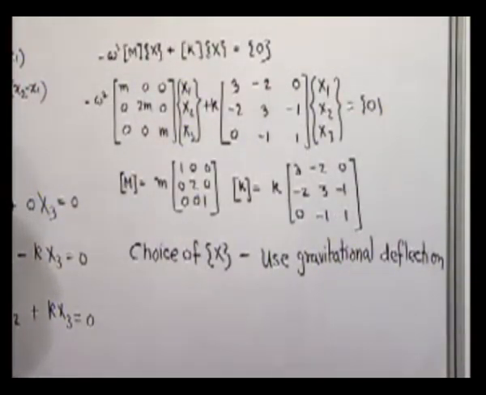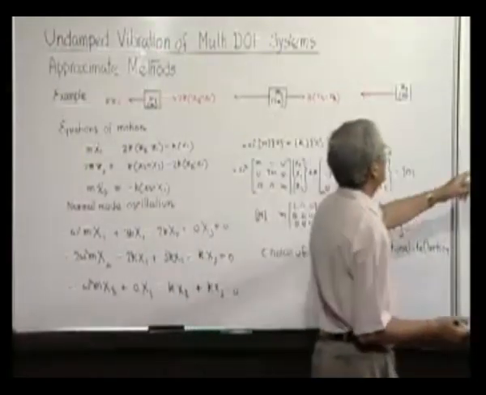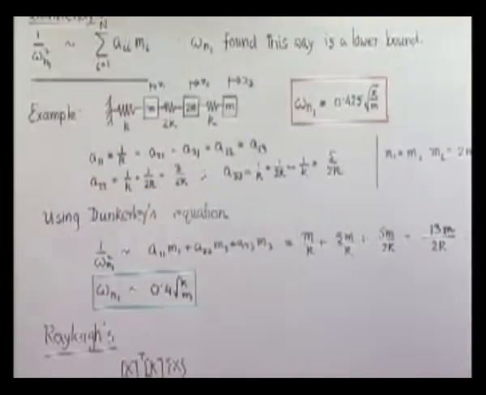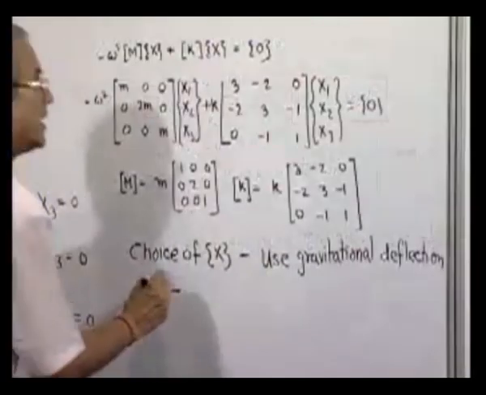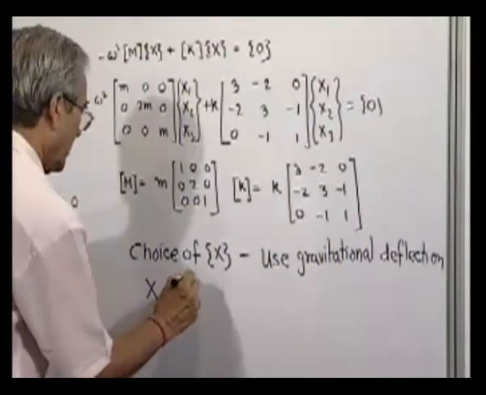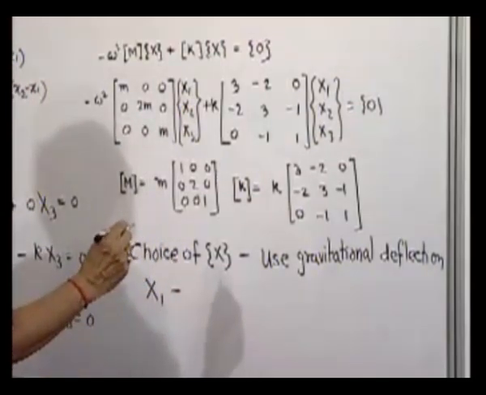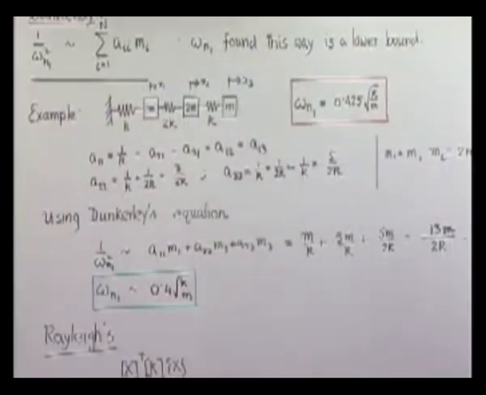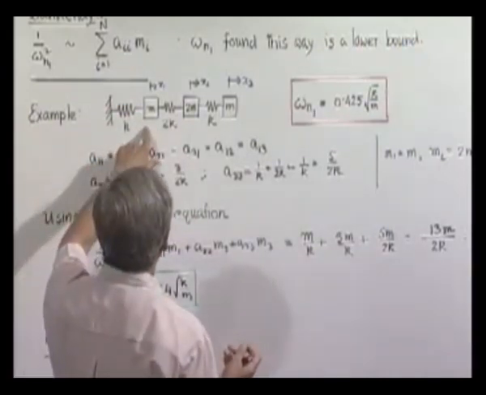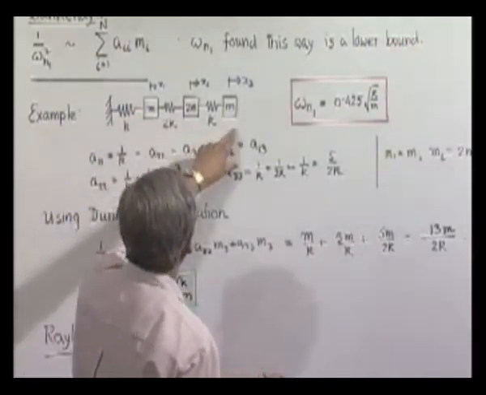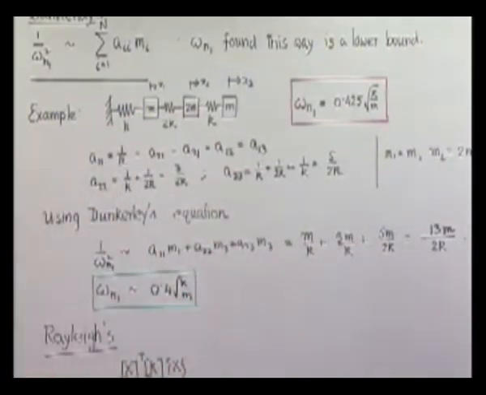So gravitational deflection, if we hang, what will be the x1? X1 will be something like mg, 2mg and mg. We do that.